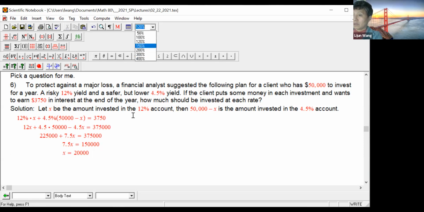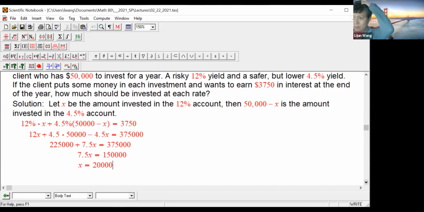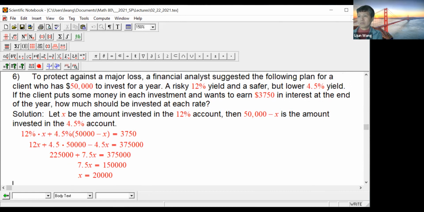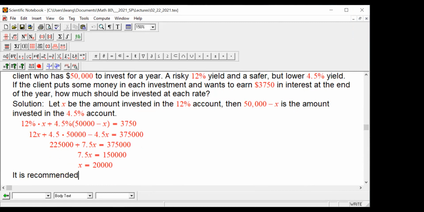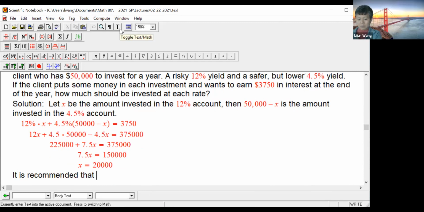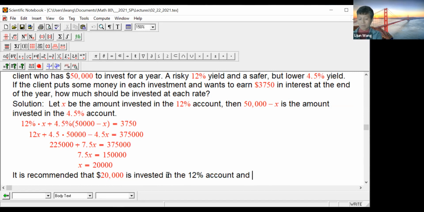So the answer would be: it is recommended that $20,000 is invested in the 12% account and $30,000 is invested in the 4.5% account.